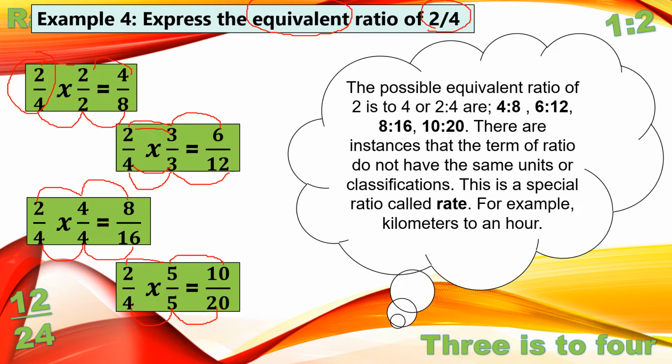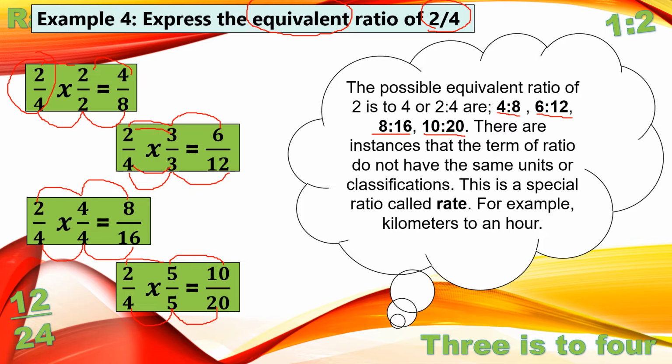So, the possible equivalent ratios of 2 is to 4 are 4/8, 6/12, 8/16, and 10:20.